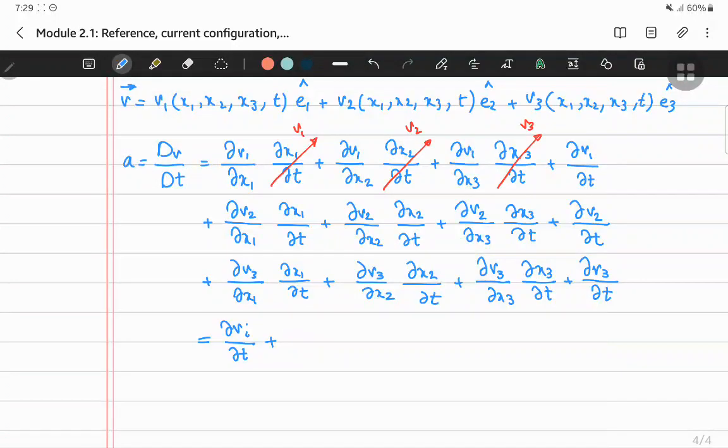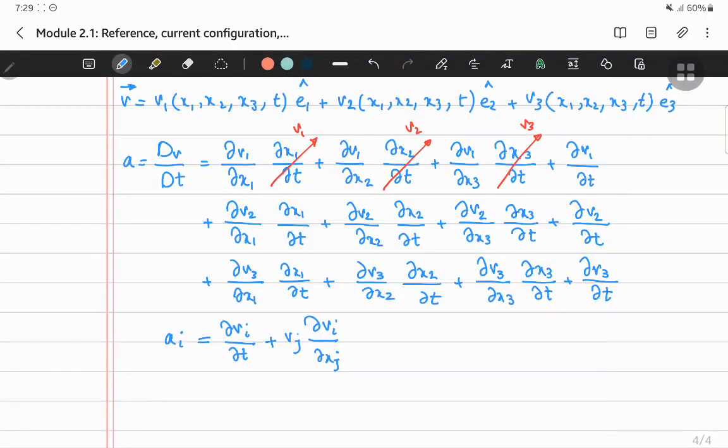So we have v1, 2, 3 times the partial derivative of v with respect to x, and if you see here, these two indices are the same, so vj,j, because I'm going to have i in here, so j is the dummy index, and what I get here is basically ai, so I get a vector.